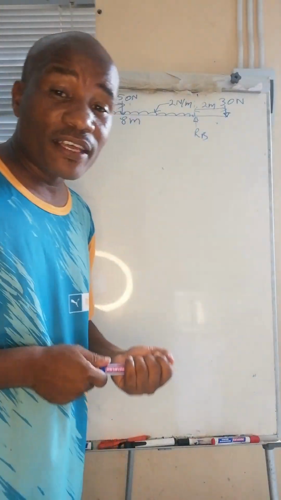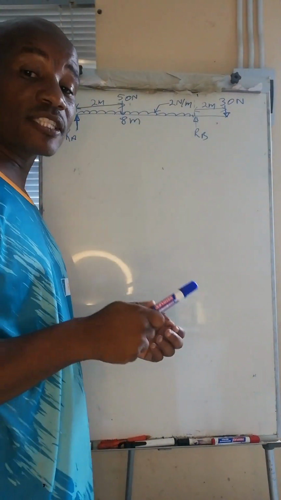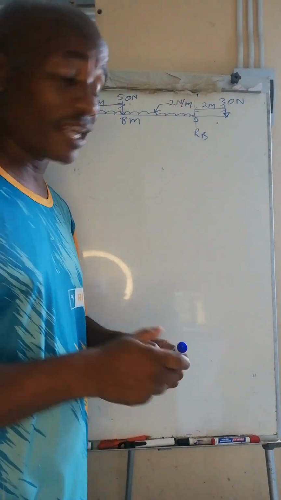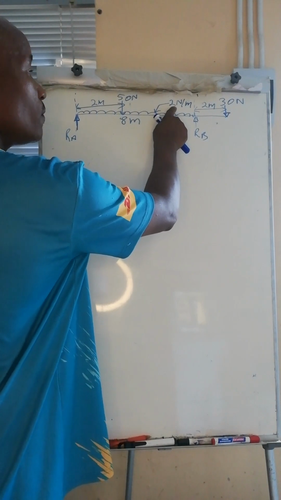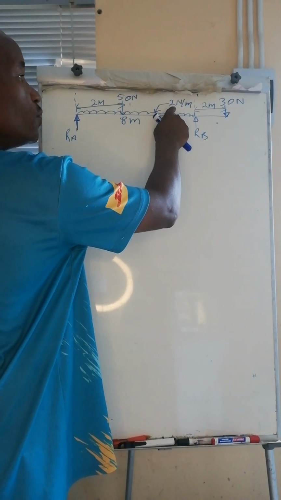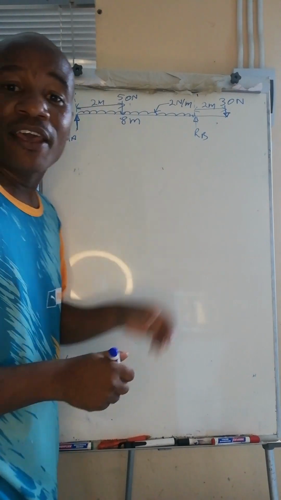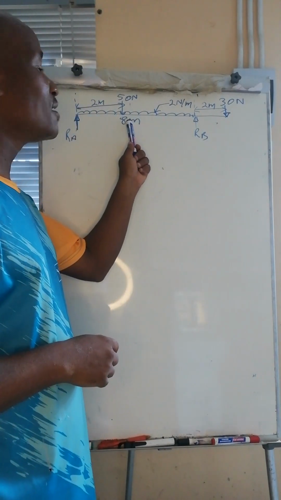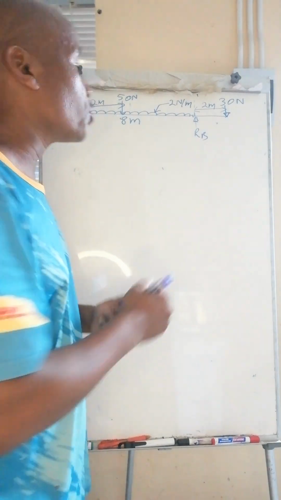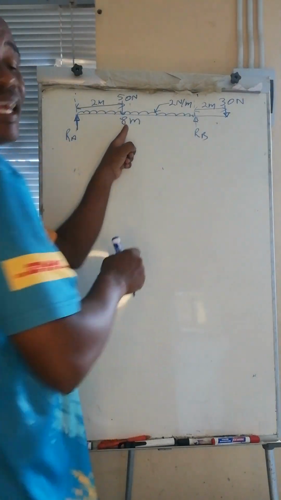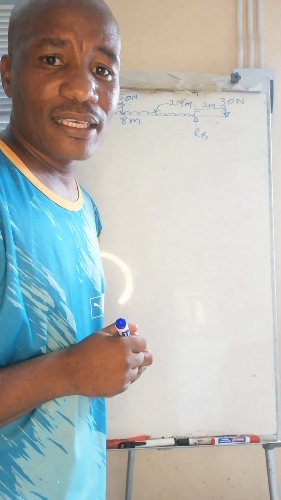Now, very important. If you miss that point, you won't be able to get it right. This uniformly distributed load of 2 newtons per meter over a distance of 8 meters, if you convert it into a point load, should act at the center of the 8 meters.